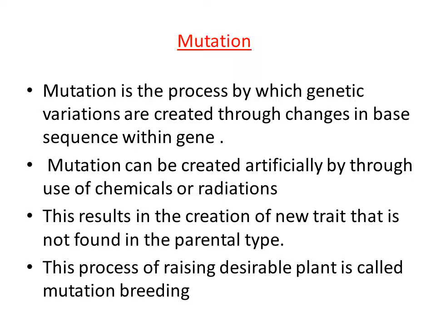This breeding technique, which they use to raise a better crop, is called mutation breeding. Clear? The plant obtained as a result of mutation breeding has desirable characters, and because of that desirable character, the plant can be used in the plant breeding method, right?